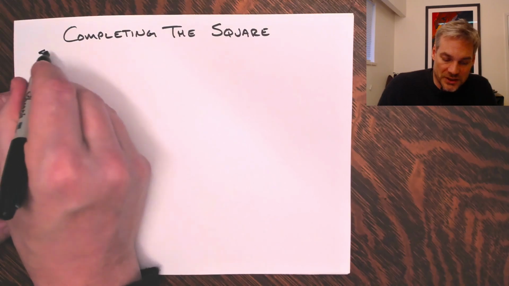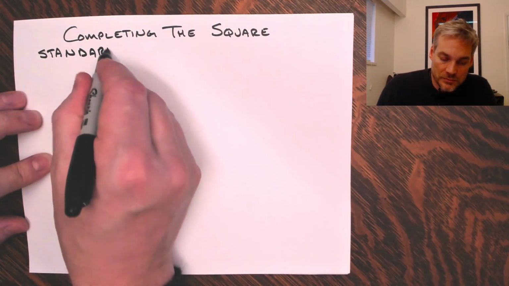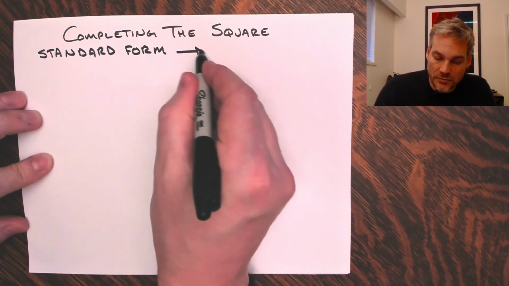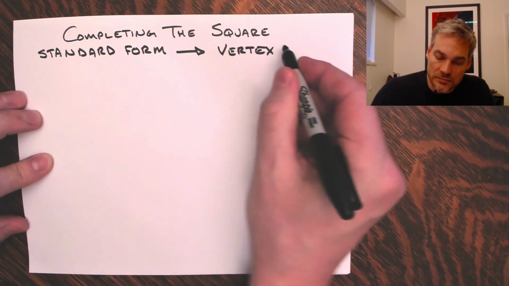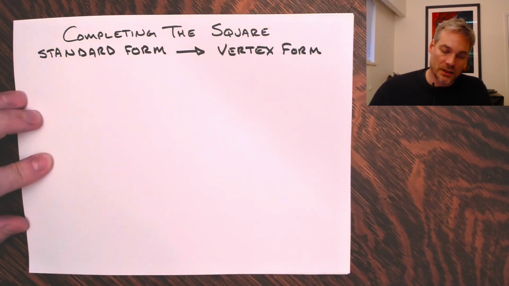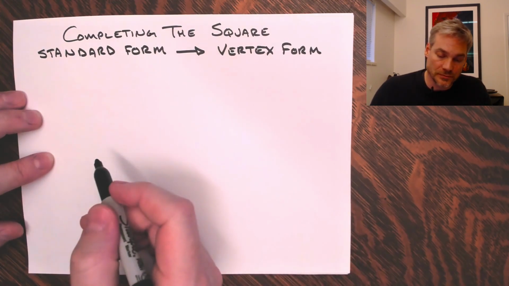Which is to go from standard form to vertex form. And this is very useful, because a lot of times you do actually want the quadratic in vertex form.